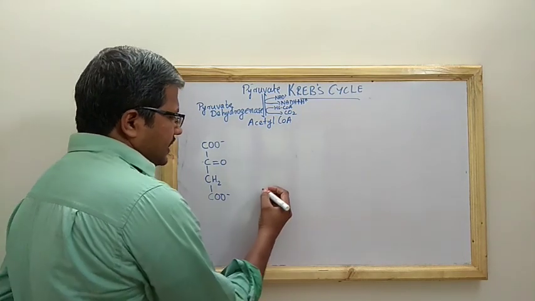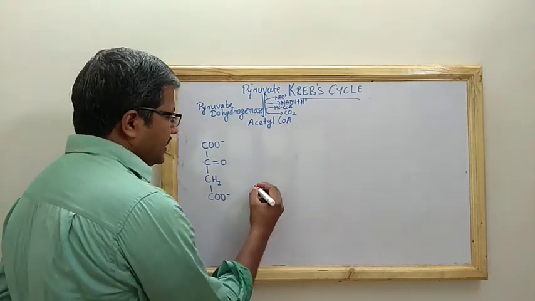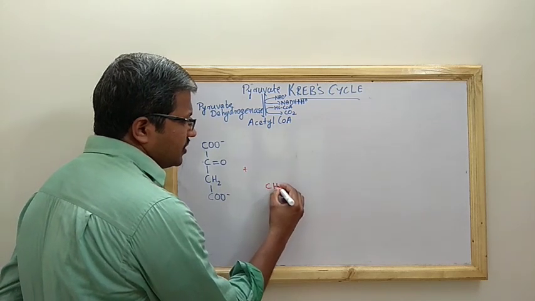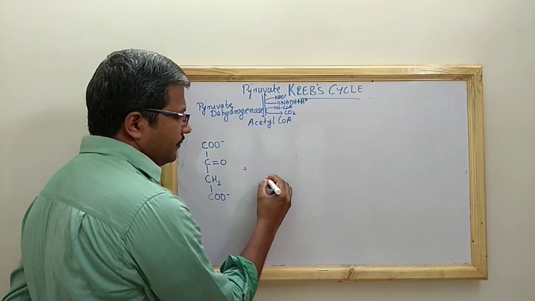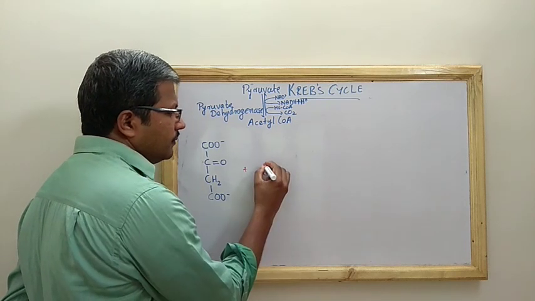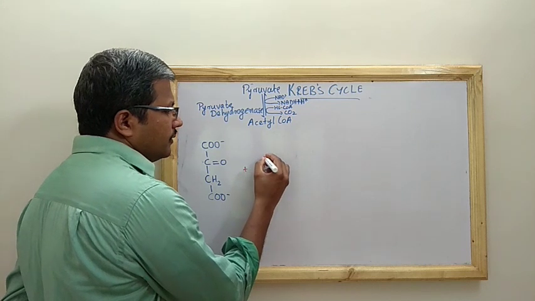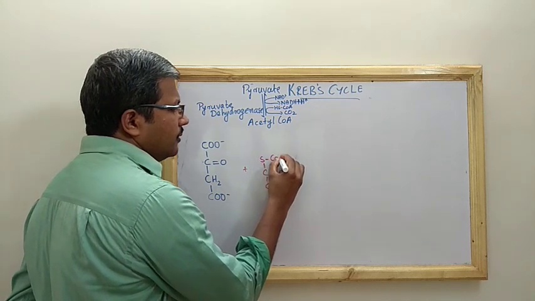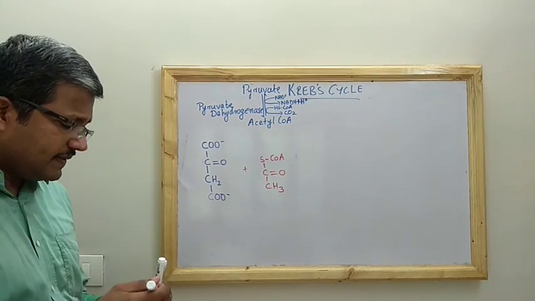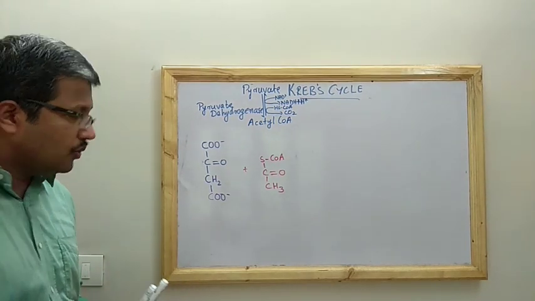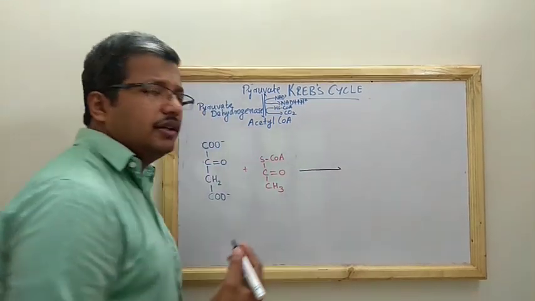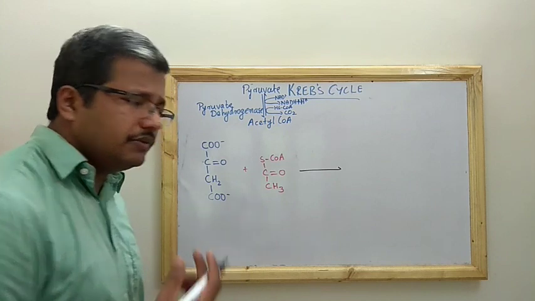We know that acetyl coenzyme A is CH3, C double bond O, S-CoA.